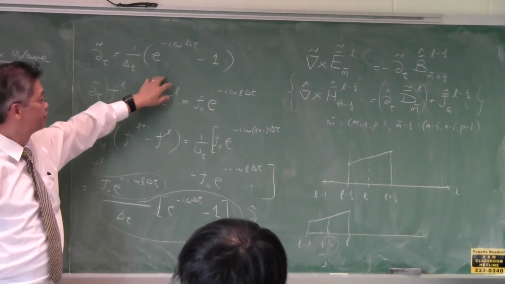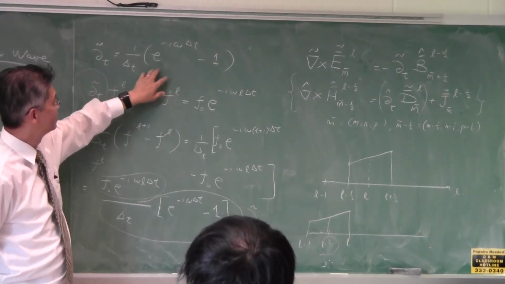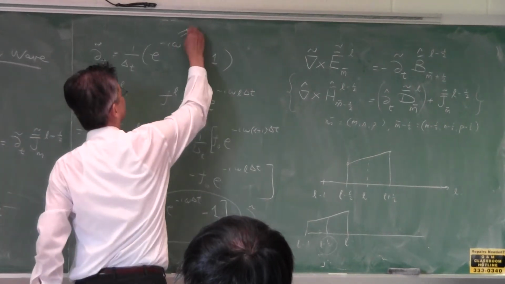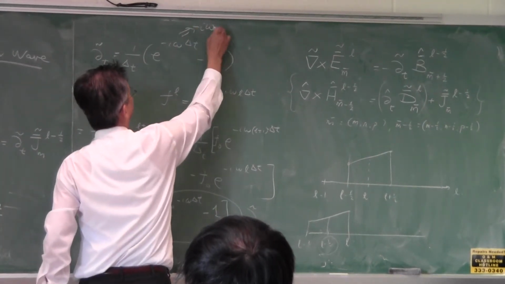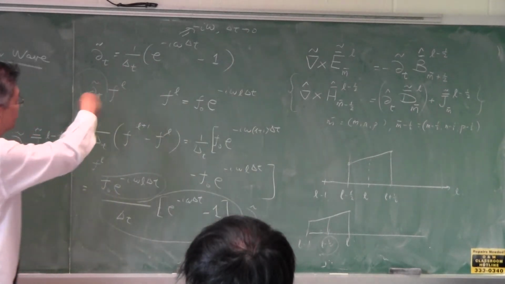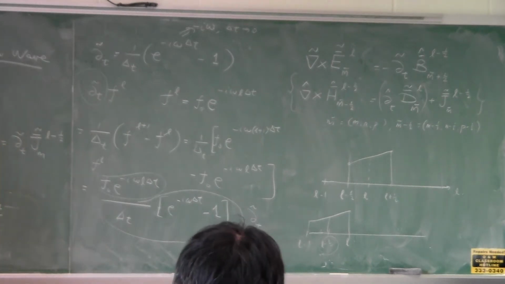Okay. Of course, in the limit when delta t goes to 0, this becomes i omega. If you look at this quantity, this cancels each other and becomes i omega when delta t goes to 0.